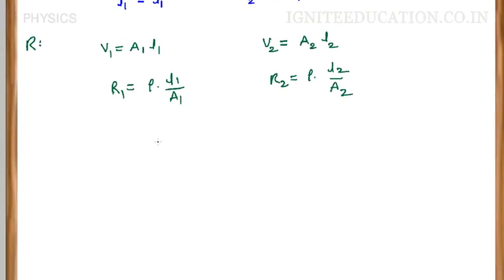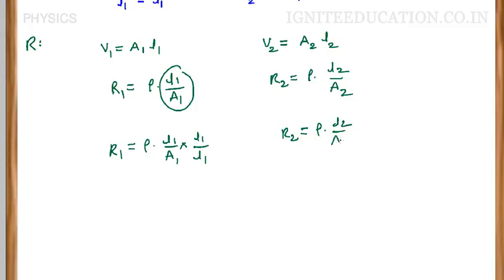And after that I am converting this expression to volume expressions, like R1 is equal to rho into L1 by A1. I am multiplying L1 for the numerator and denominator like this, and here also R2 is equal to rho into L2 by A2.